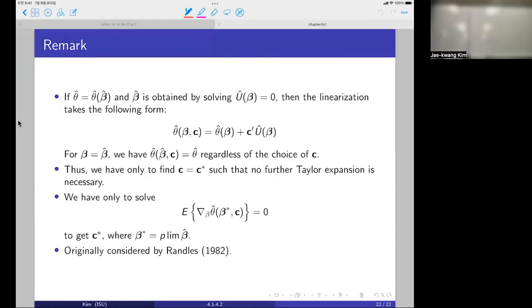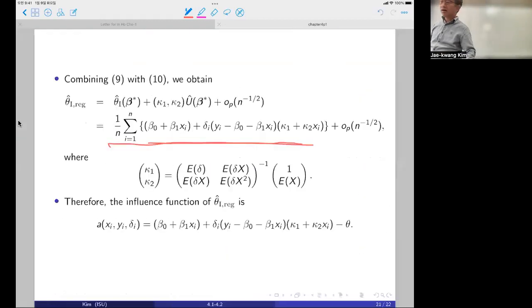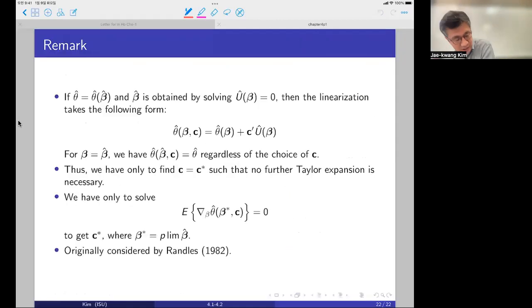That is another way of finding the linearization. In many cases, this one is easier to solve than the old way. If you are interested, you can check more.